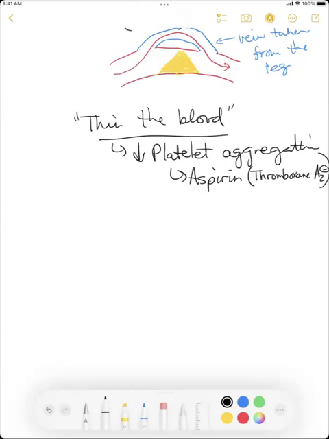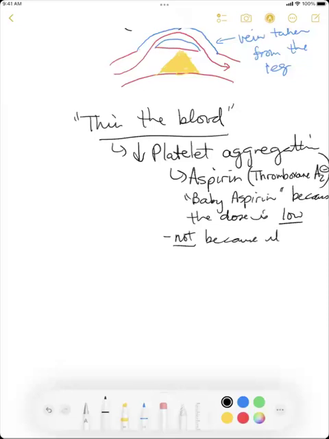Because the dose that we give is very small, they often call it a baby aspirin. Not because it's for babies. You should never give aspirin to babies ever. It increases risk of a neurologic condition. It's called a baby aspirin because the dose is low, not because it's for babies.